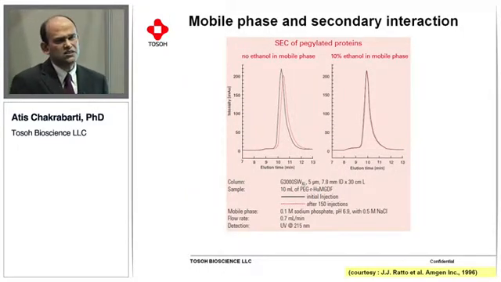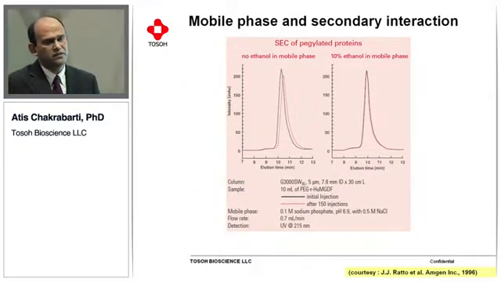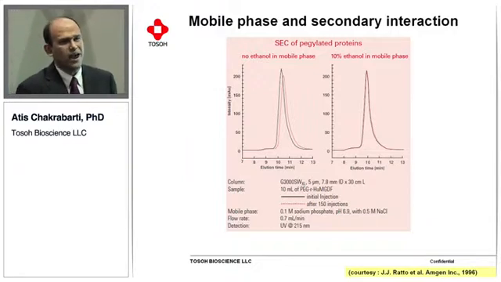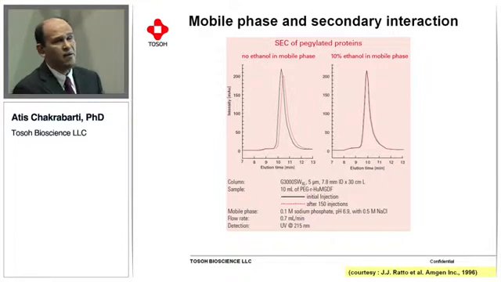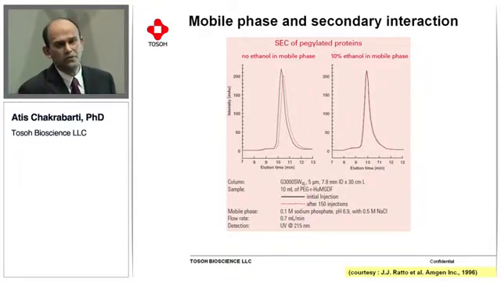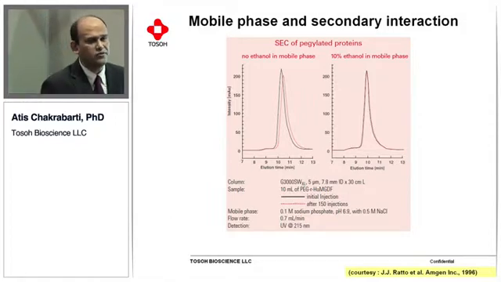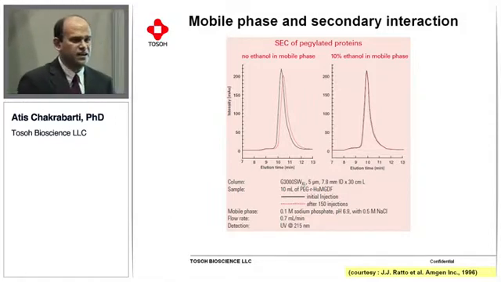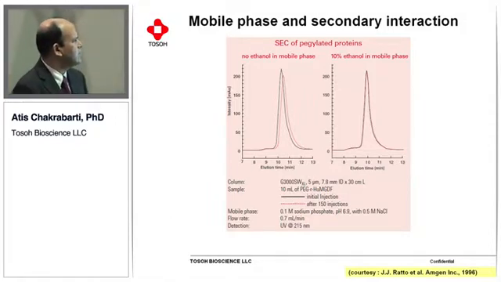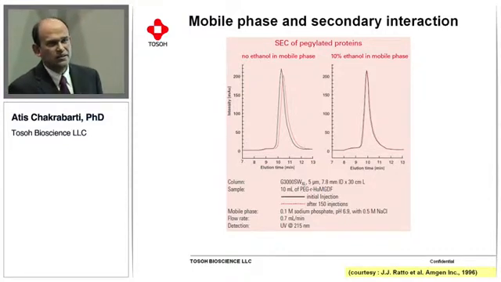It is not just arginine; we have done many different studies using different types of additives. As you see here, we have done the separation using pegylated proteins, and as you know, secondary interaction is very common or expected with PEG related proteins. Over 150 injections, the retention time gradually shifts to higher retention time if you do not have any additives.